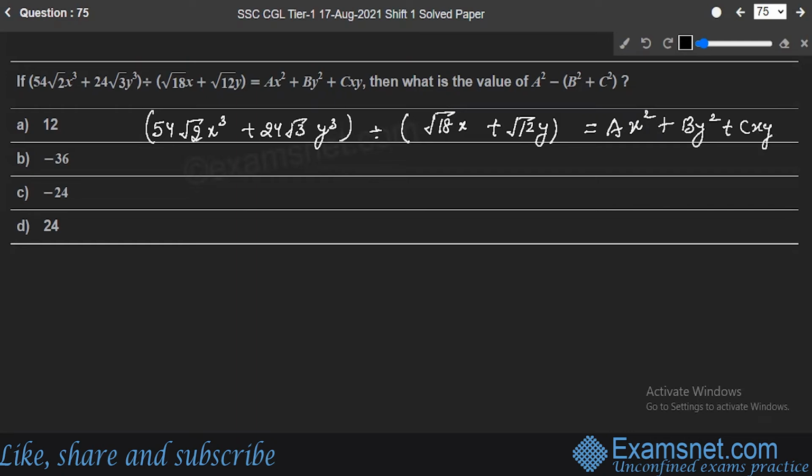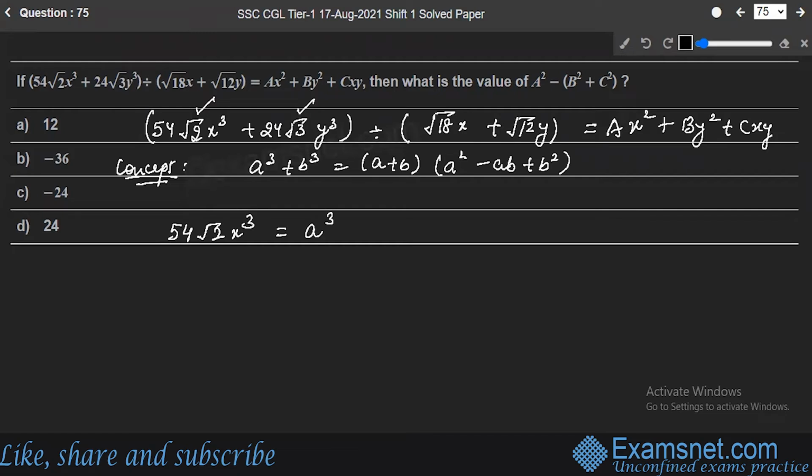See, if you look at this one, what concept will we be using here? We'll be using a cube plus b cube is equal to (a plus b) into (a square minus ab plus b square). Okay, so this is a and this is b. If I'm considering 54 root 2 x cube as a cube, then what will be the value of a? It will be 3 root 2.